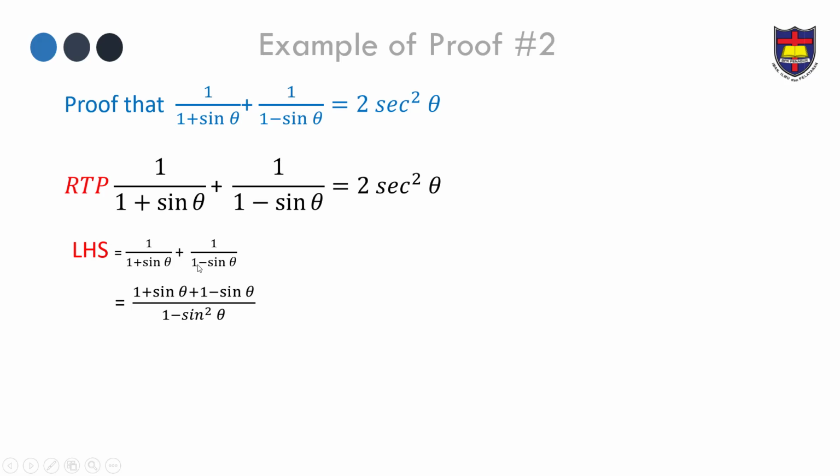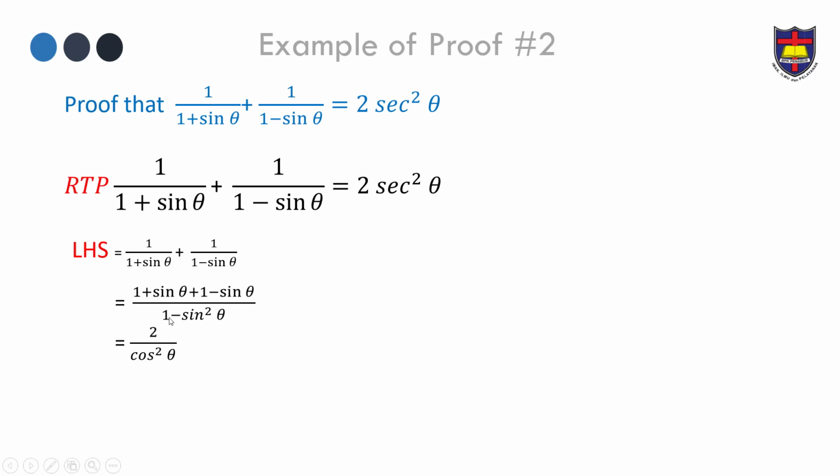Here we have a plus b multiplied by a minus b, which results in 1 minus b square, or 1 minus sine square theta here. Then cross multiply to get 1 minus sine and 1 plus sine. Then sine theta is eliminated and you have 1 plus 1 as 2.